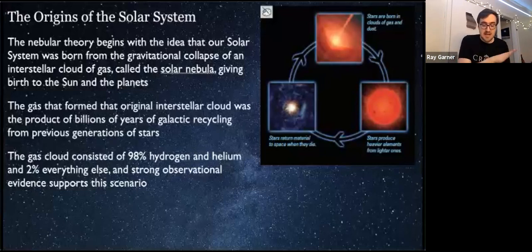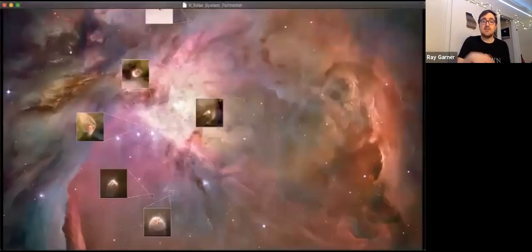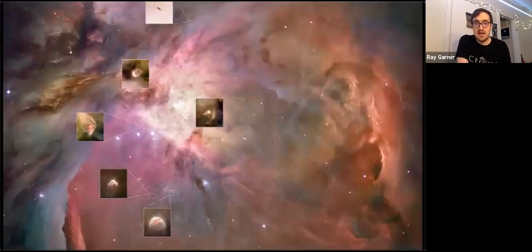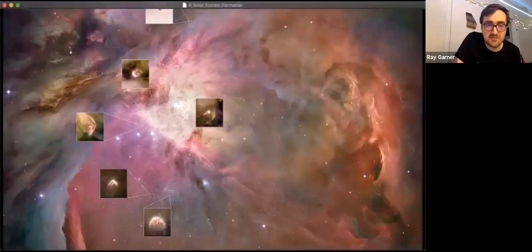Moreover, visible and infrared telescopes allow us to study stars in the process of solar system formation today. So this is a beautiful collection of images from the Hubble Space Telescope of the Orion Nebula. You see the beautiful Orion Nebula in the background, but then little insets are solar systems being formed. You see disks of gas, of heated gas around each of these stars.